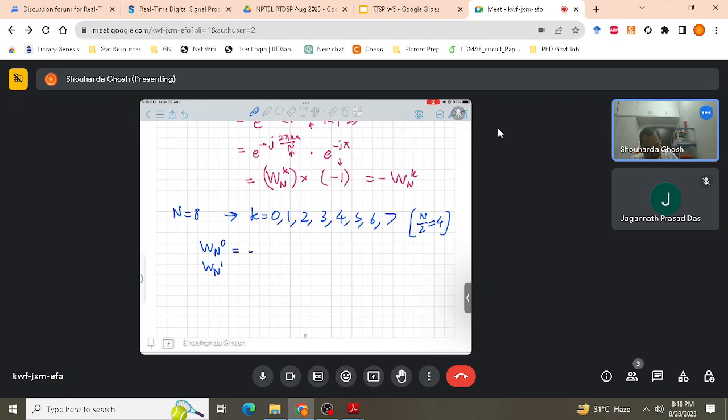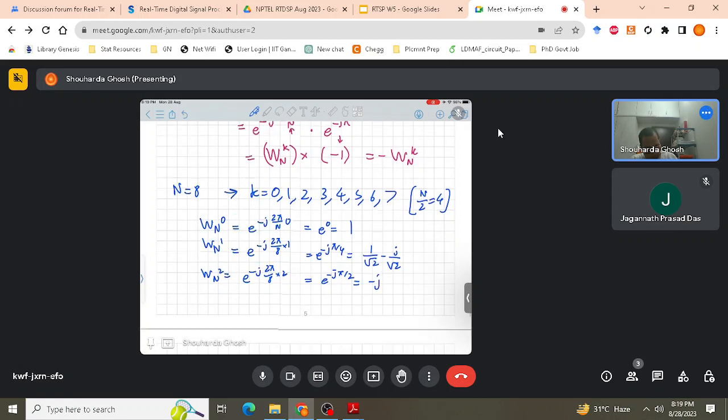W n of 0, e to the power 0 is 1. For W n of 1, with n equal to 8, it is e to the power minus j 2 pi by 8 into 1, which is e to the minus j pi by 4. So how much is it? 1 by root 2 minus j by root 2. W n of 2, e to the power minus j 2 pi by 8 times 2, e to the power minus j pi by 2. What is that?